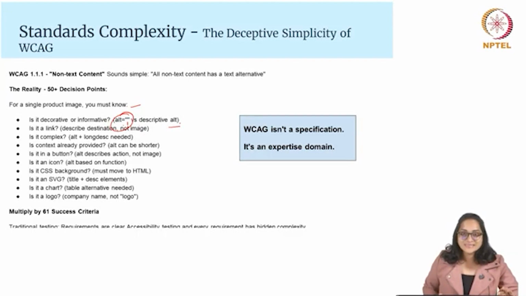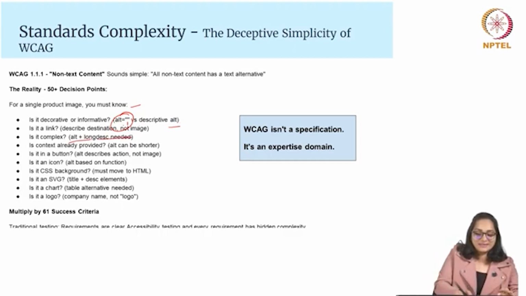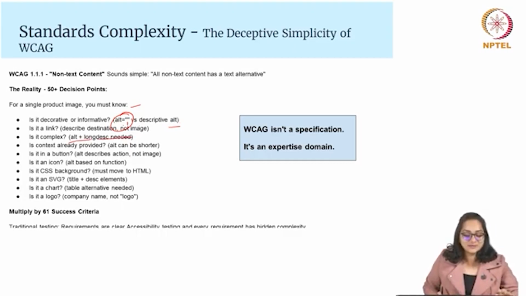Is it complex, right? Or is the context already provided? Can it be shorter? Does it need to be very long? Is it a button? Then the alt text has to describe the action also, not the image. Is it an icon? Then alt text is based on function. Is it a CSS background? Then you must move it to HTML. Is it an SVG?